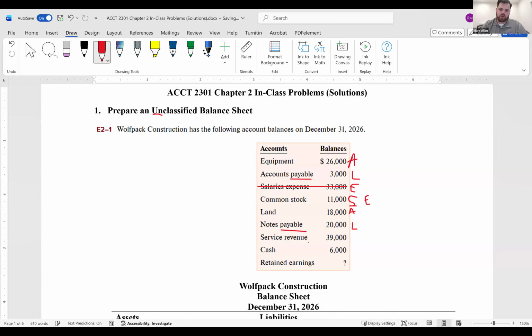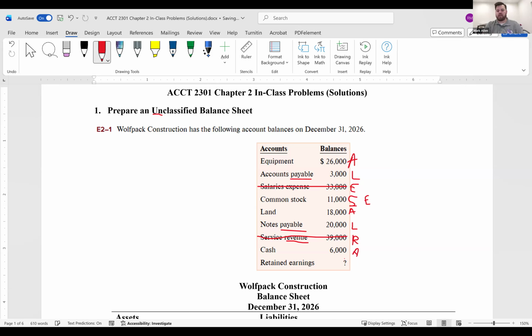Revenue is another word that we see here. And we, of course, remember revenue is, well, a revenue. And because it's a revenue, it goes on the income statement, not the balance sheet. So we do not include it for now. And cash, of course, is an asset. Now, this retained earnings number, we will need it.